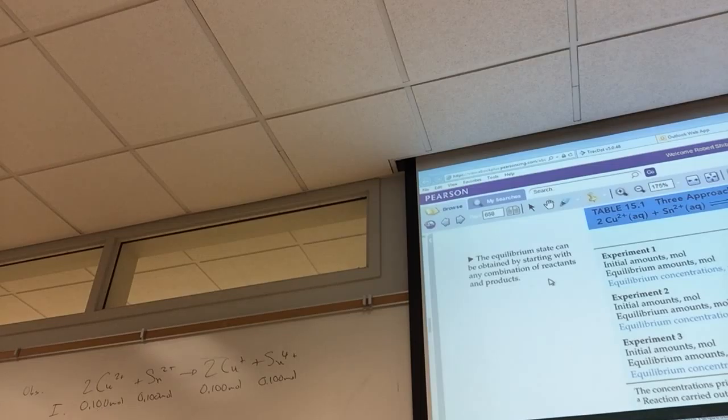The reason why we only need 1 is because of the reaction ratios. For example, copper 2, how much of it reacted? If we start off with 100, we end up with, it looks like, 92.2% remains.